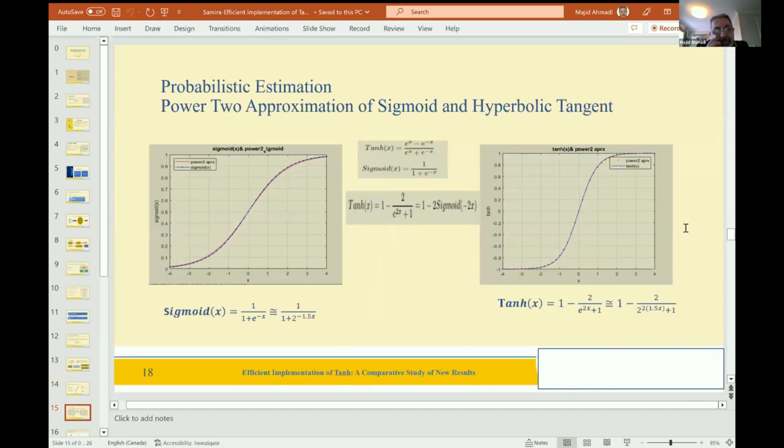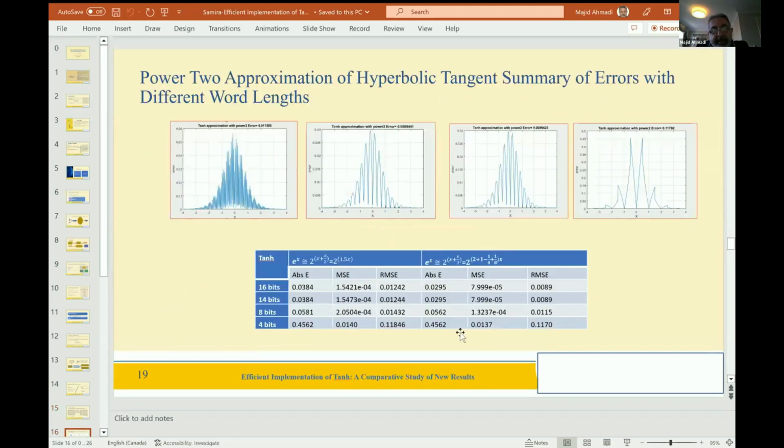This curve shows that if we approximate e to the power 1.44x by e to the power minus 1.5x, the curve shows the approximated and actual. And this practically shows how we are able to get a good approximation even with one bit.